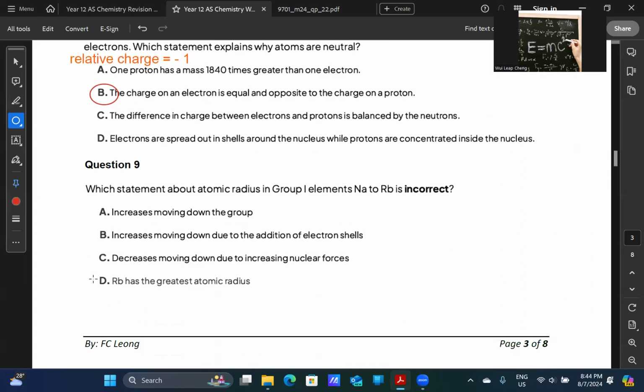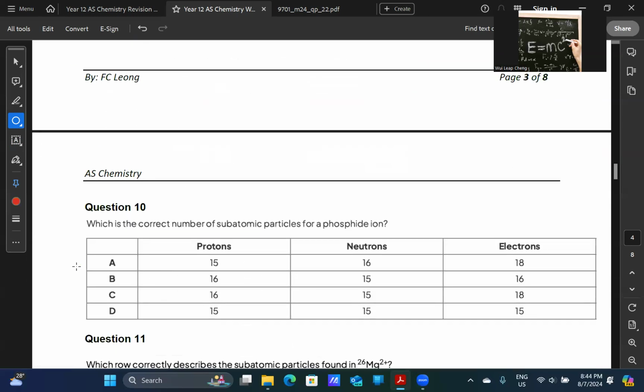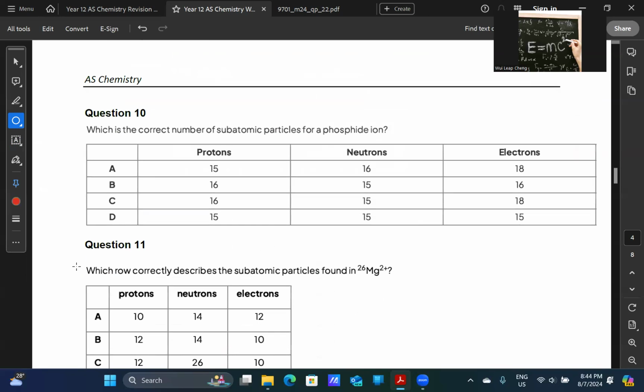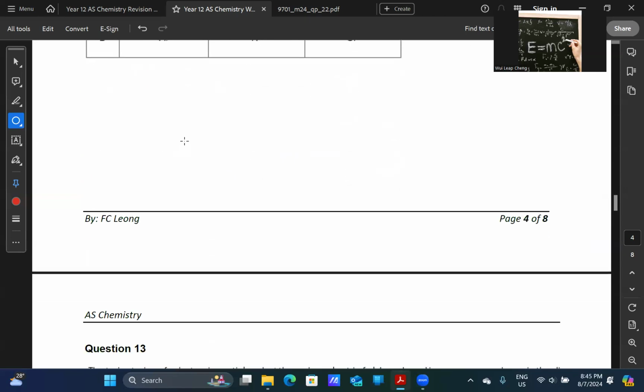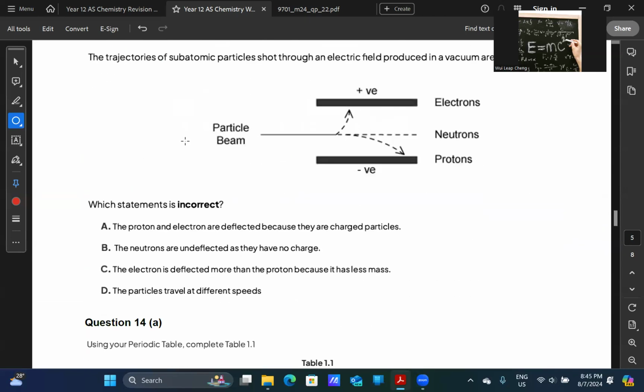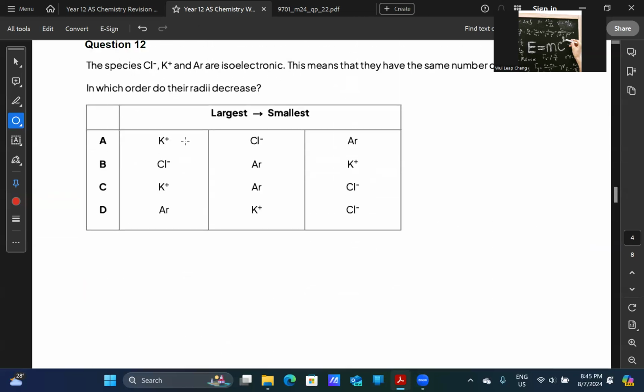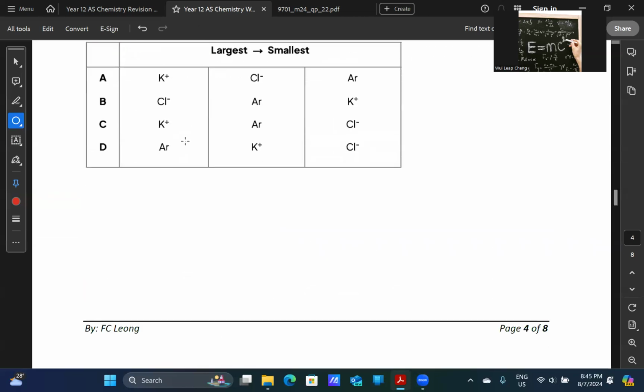Number 9. Which statement about atomic radius? Okay, this part I haven't discussed yet, so I will move to the next part and come back later. Which is the correct number of subatomic particles for a phosphide ion? I think questions 10 to 12, I will reserve as homework.